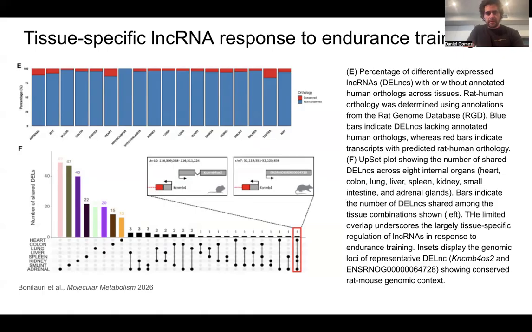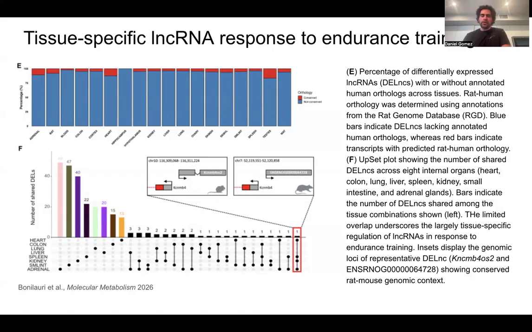And they're focusing here on the last one in the heart, kidney, small intestine and adrenal gland. So the last three are kidney, spleen, and adrenal, as well as the heart in the last one. So that's for Kcnmb4 and Kcnmb4os2.